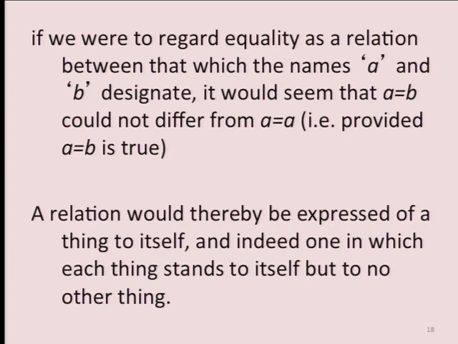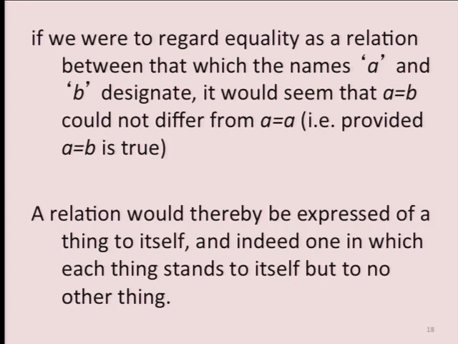Is that perfectly plain? Completely unmistakable? Yep. Okay. A relation would thereby be expressed of a thing to itself, and indeed one in which each thing stands to itself but to no other thing. Right? That's just identity. You're identical to yourself but not to anything else. Yeah?